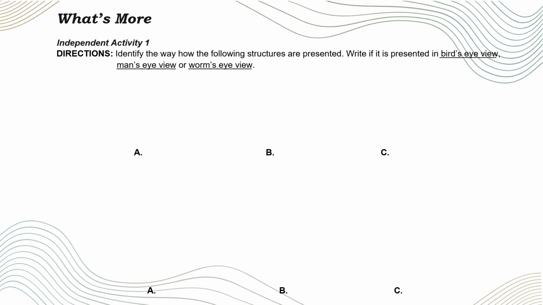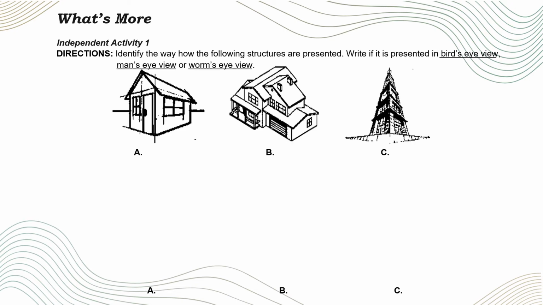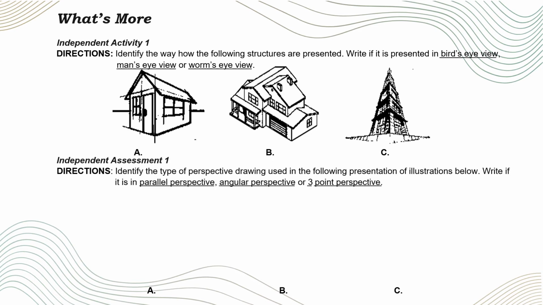For the what's more, for the independent activity 1, identify the way how the following structures are presented. Write if it is presented in bird's eye view, man's eye view, or worm's eye view. Next, for the independent assessment 1, identify the type of perspective drawing used in the following presentation of illustration below.